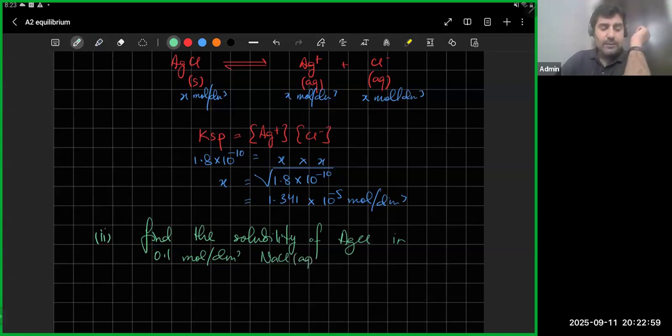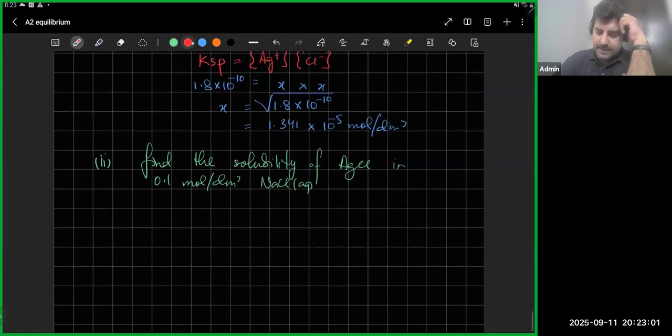So now he's dissolving AgCl in a solution that already, remember, aqueous means it's the solution, it's already a solution. The salt has already dissolved. So again, I want to figure out the solubility of AgCl solid. I'm going to try and dissolve it in this solution, where there is a common ion now, which is Cl ions. So I've got Ag plus 1 aqueous, and I've got Cl minus 1 aqueous.